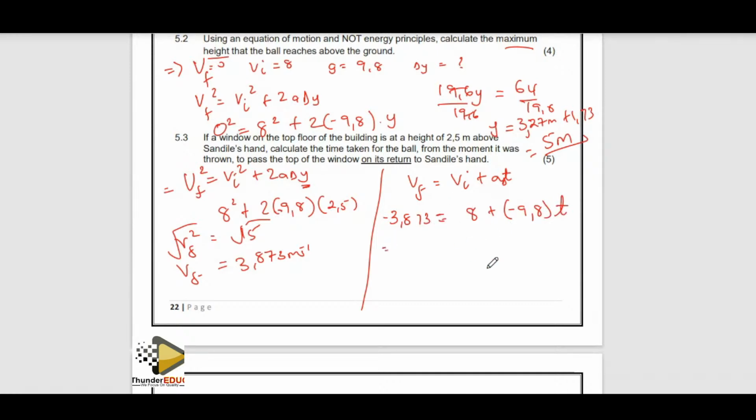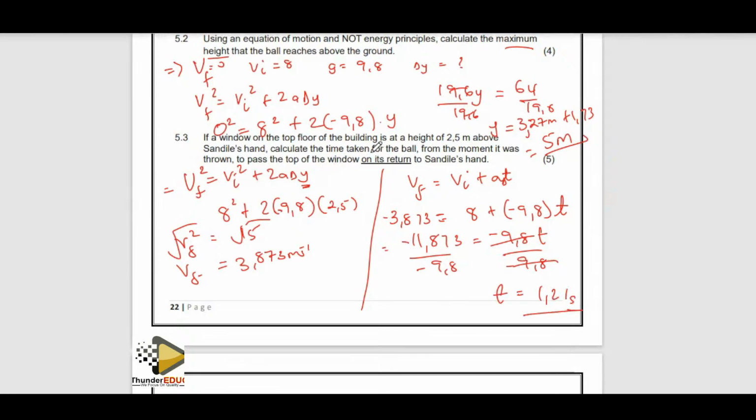Okay, so when I move the 8 that side, it's gonna be minus 8, so negative 3.873 minus 8 is negative 11.873. That is equal to negative 9.8 t. We now divide by 9.8 over 9.8. That cancels. What do we have? Getting 1.21 seconds.